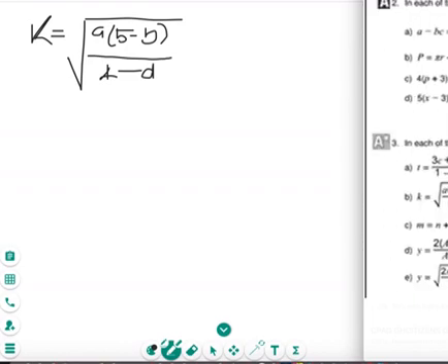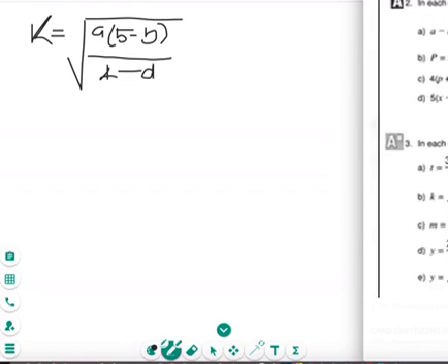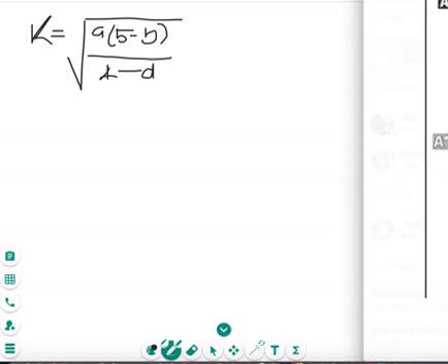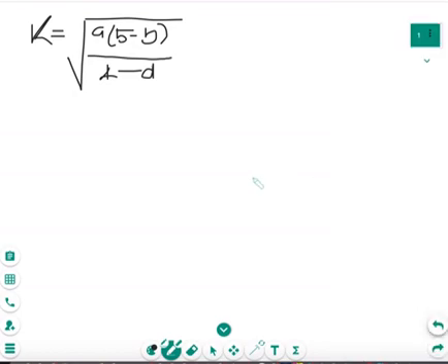You have to make D the subject, right? Yes. Okay. What don't you understand here? Let me figure out first, then I know the problem.